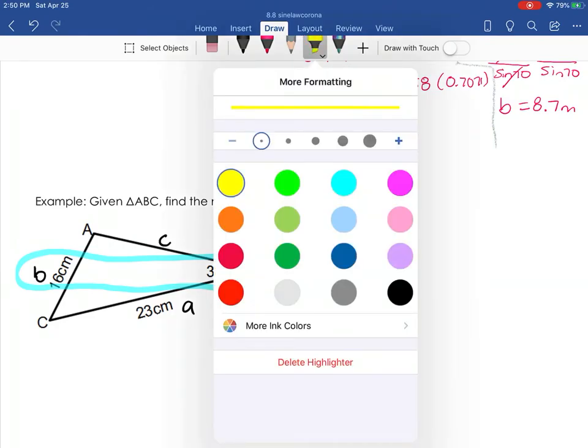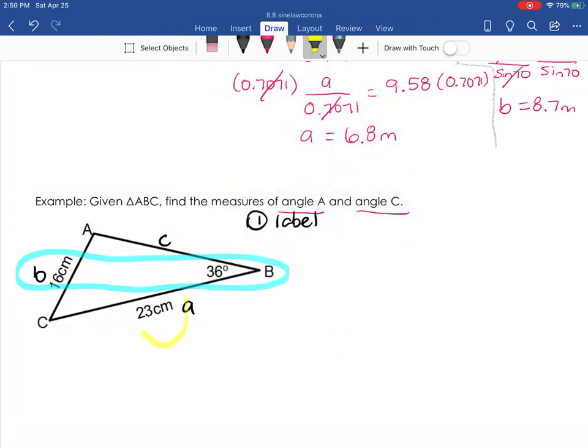I'll do highlights. All right, so our triangle is labeled.